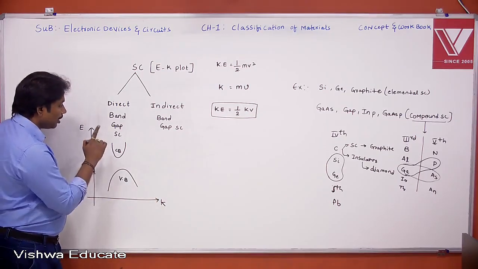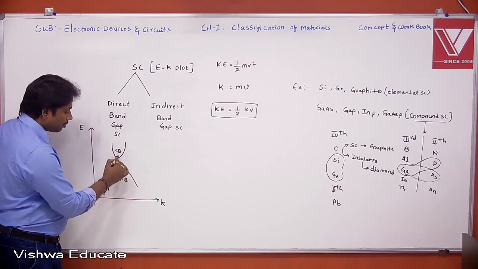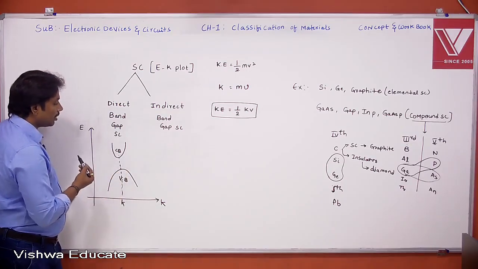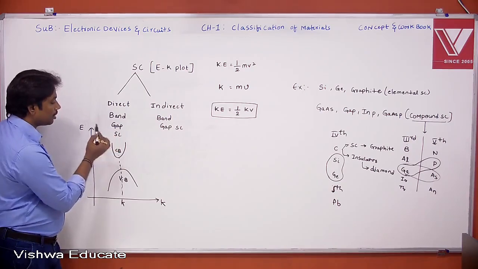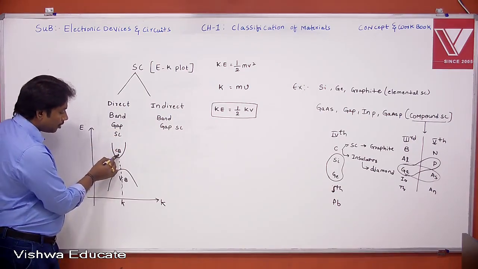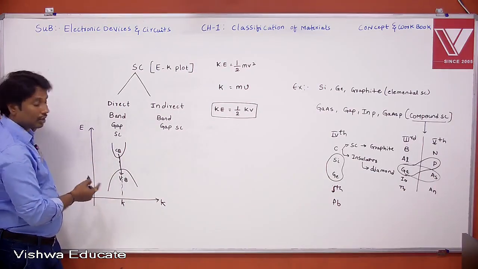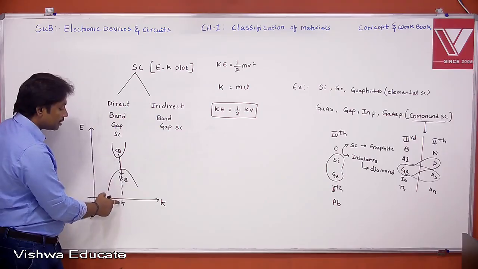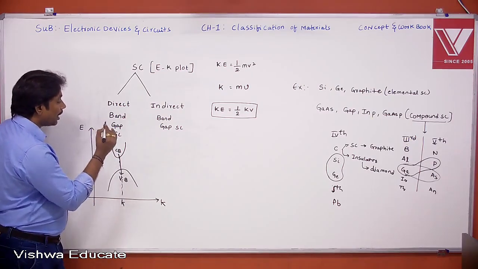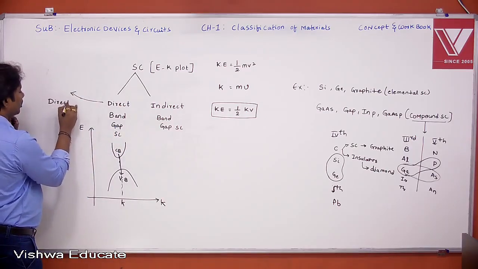Such semiconductors are called direct band gap semiconductors. Now when the electron comes from the conduction band to the valence band at the same momentum, it is called direct recombination.